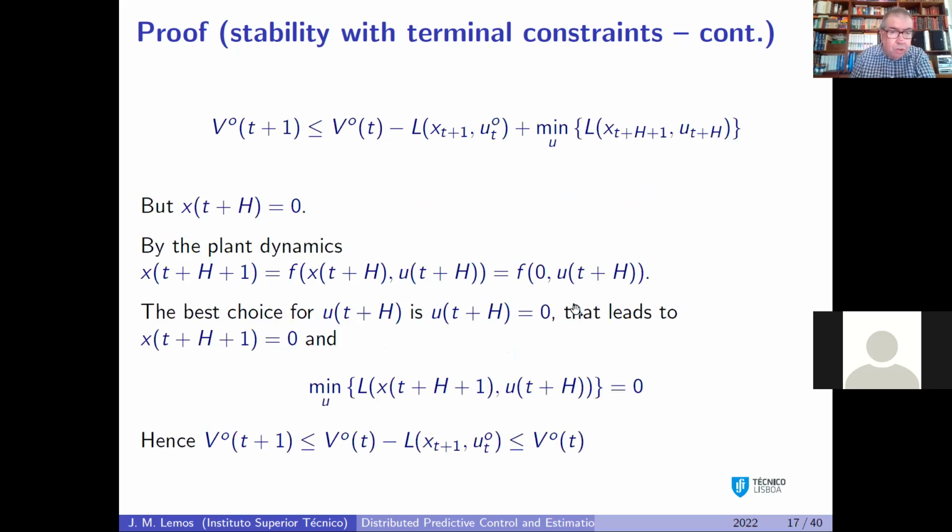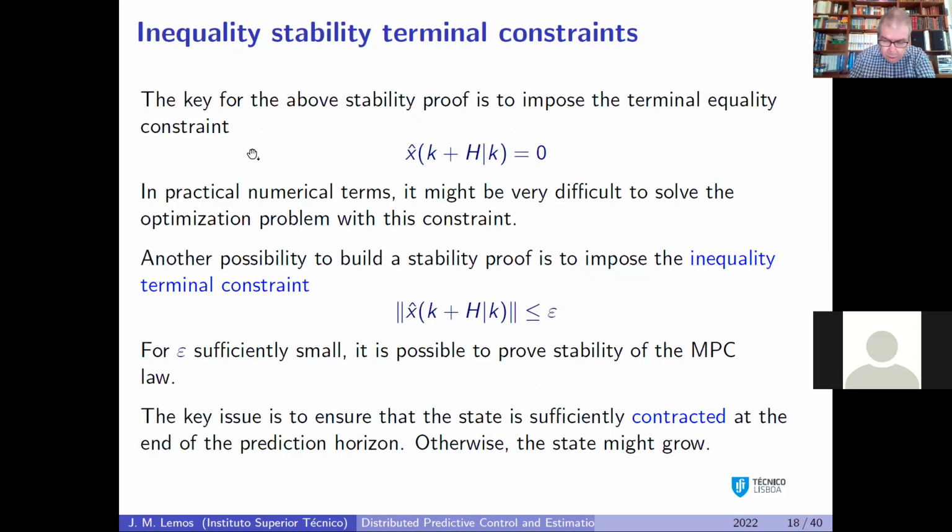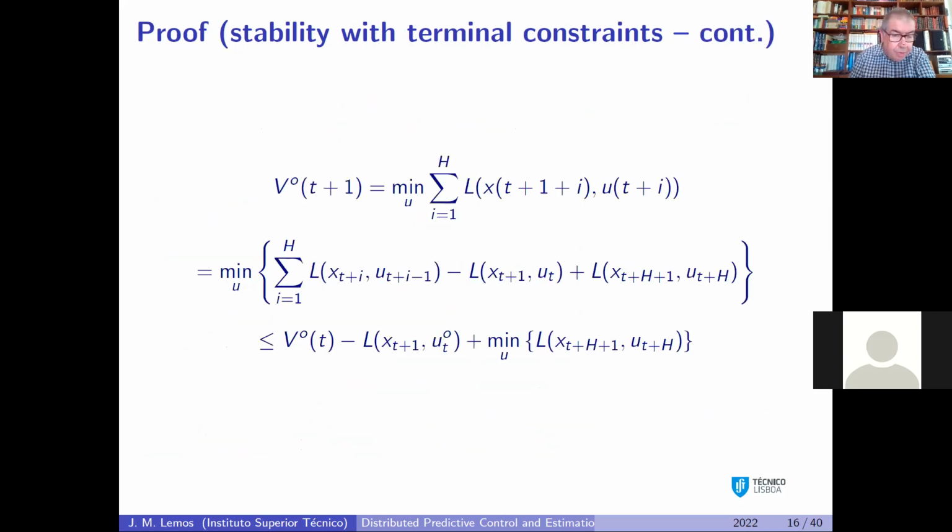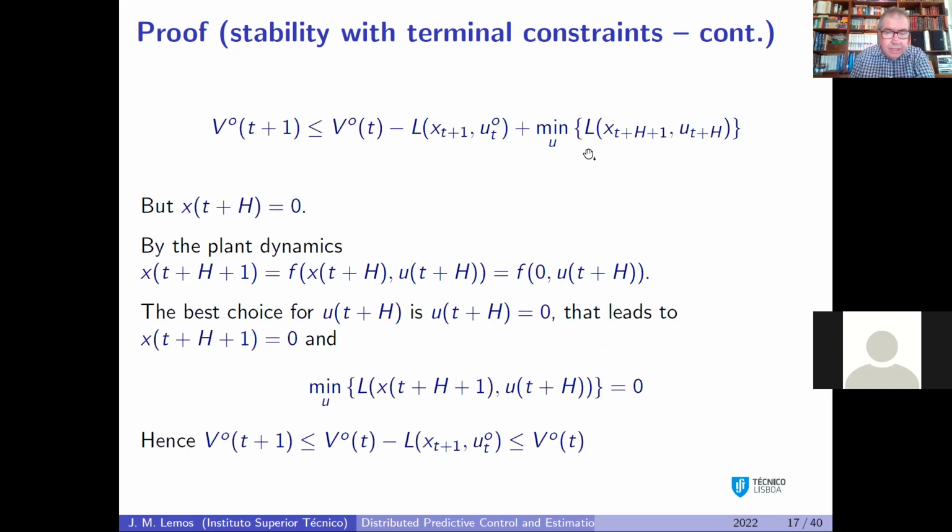Okay, so what do we have? We have VO minus VO of t plus 1 is smaller or equal than VO minus this term plus that term. So I repeat it here. Okay, this is just a repetition of the last slide.